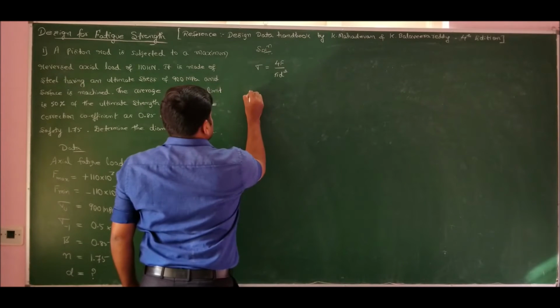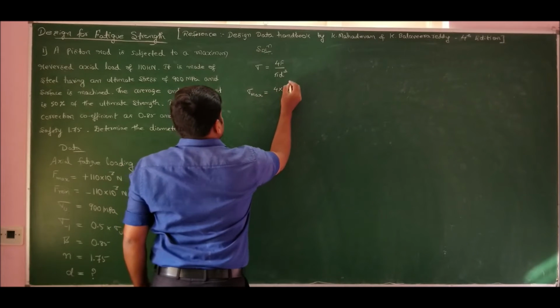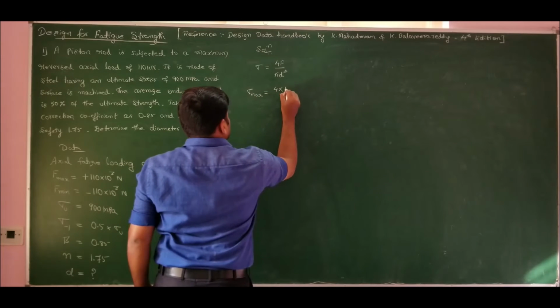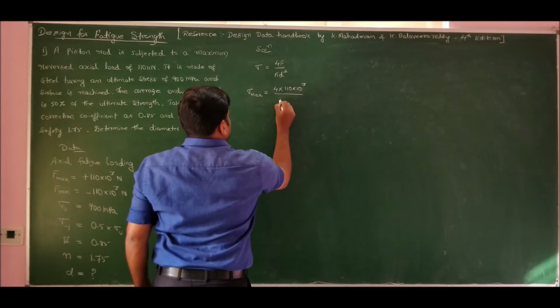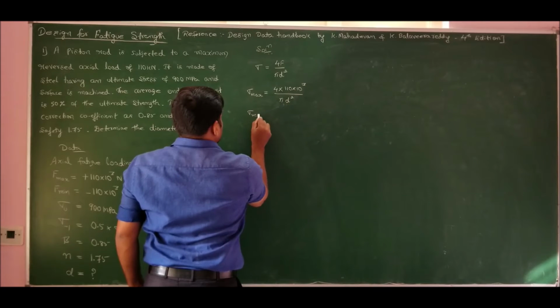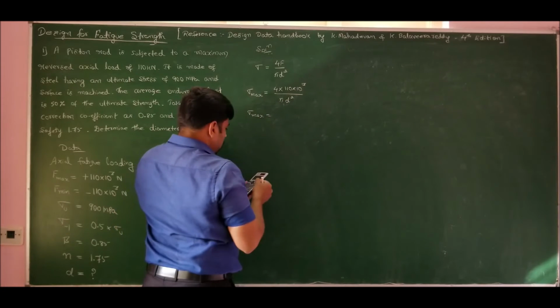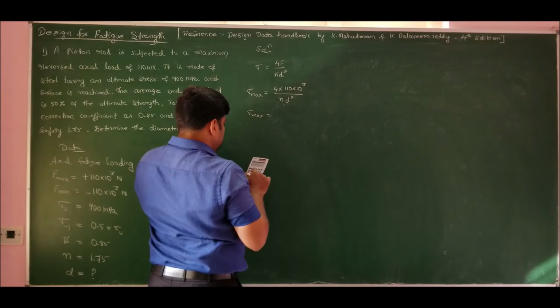So sigma max will be 4 times F max, which is 110 into 10 to the power of 3, divided by pi times d square.